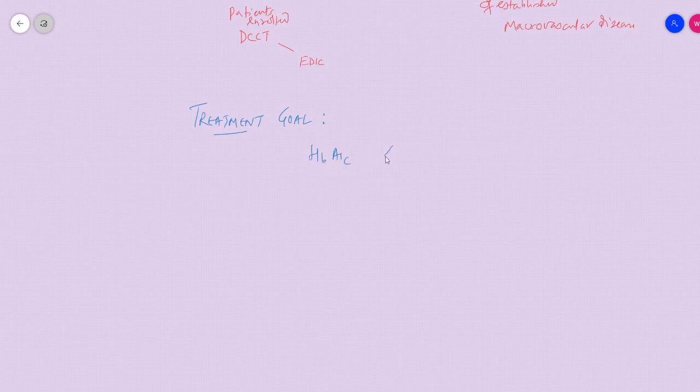The HbA1c level should be less than 7%. The preprandial, before food, the fasting glucose, should be in a target range of 70 to 130 milligram per deciliter.